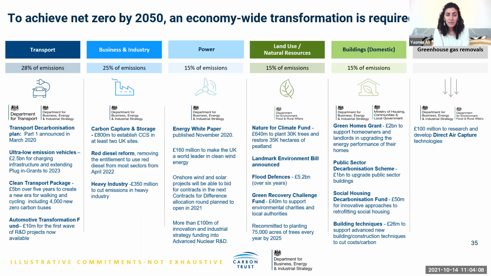So there are lots of government commitments on things like carbon capture, utilization and storage, and fuel switching. So switching industry from high carbon fuels to things like hydrogen or green electricity. But all of that will cost less and have much more of an impact if we first look at energy and resource efficiency.